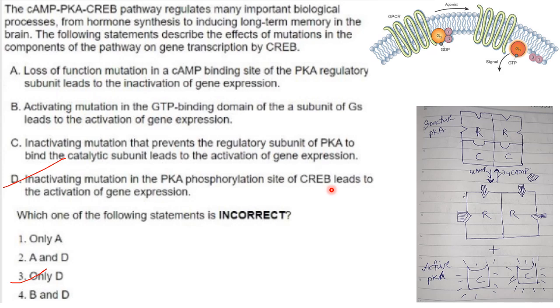CREB is not getting phosphorylated. It leads to repression of gene expression, not activation. So they have asked which of the following statements is incorrect. D is incorrect. So answer here is option 3, only D.